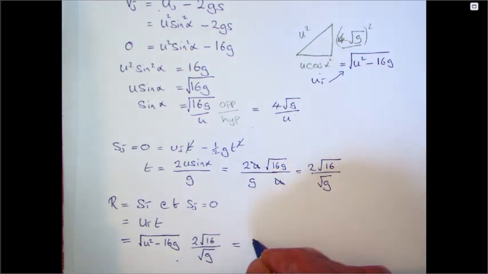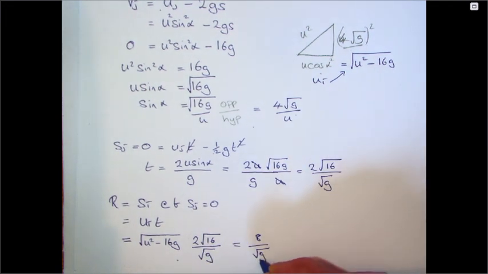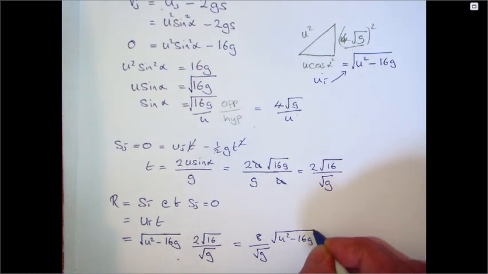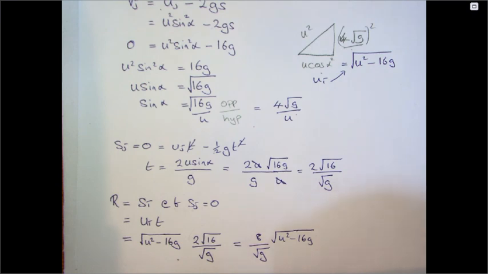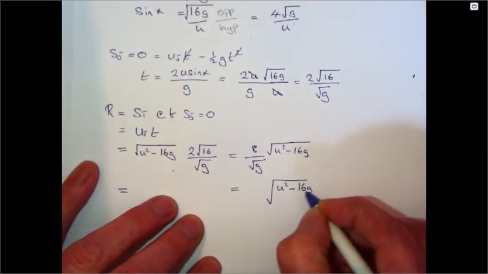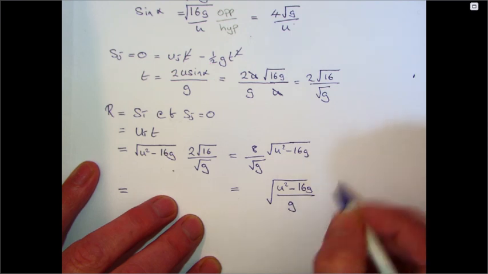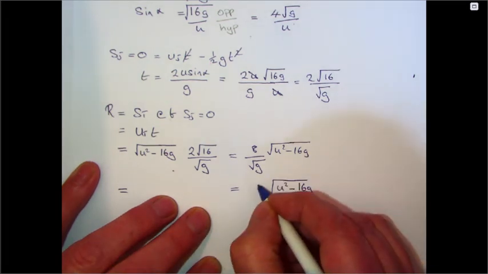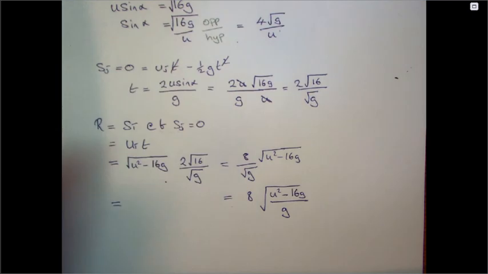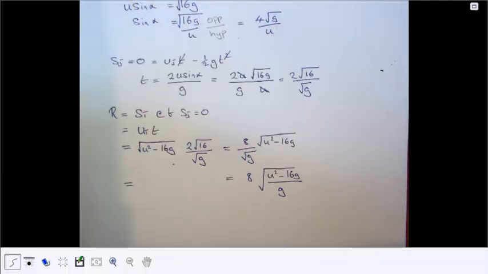Root 16 is 4, so that's 8 over root g times the root of u squared minus 16g. Let's put all the square roots together, so it's 8 times the root of u squared minus 16g all over g. There we go. Believe me, that took a take.